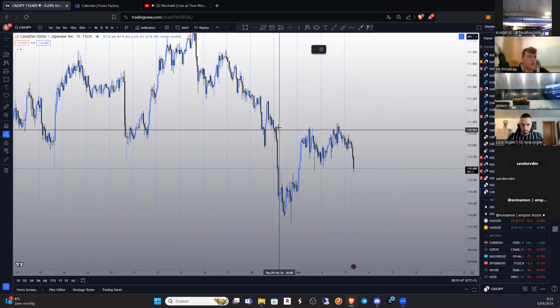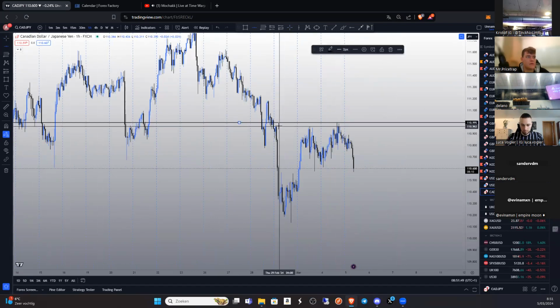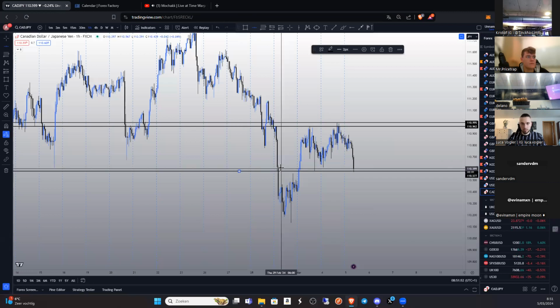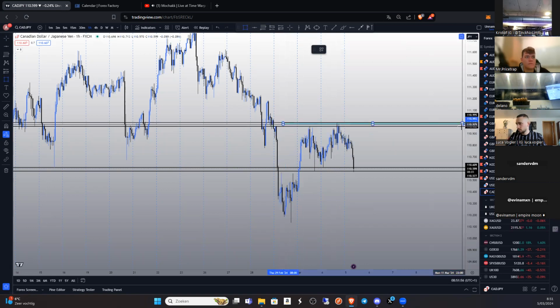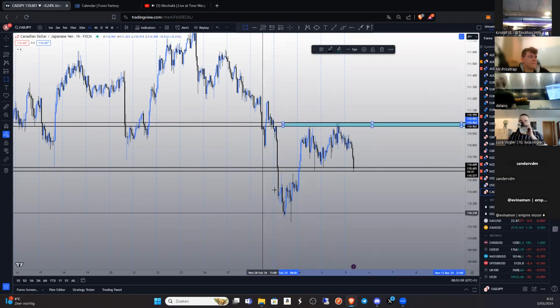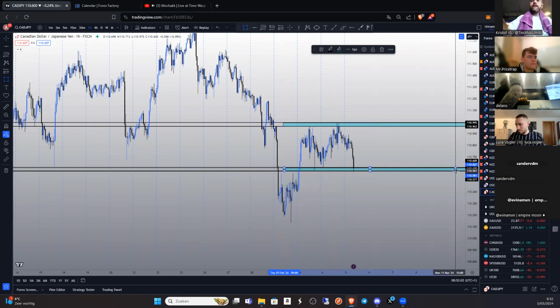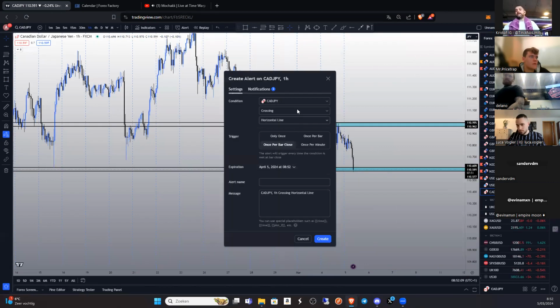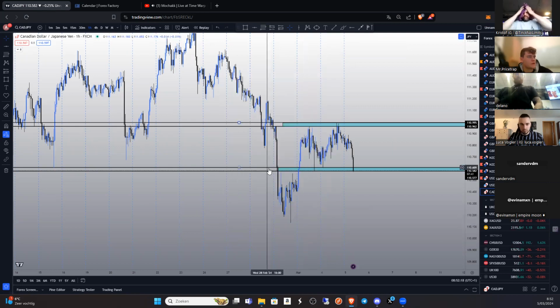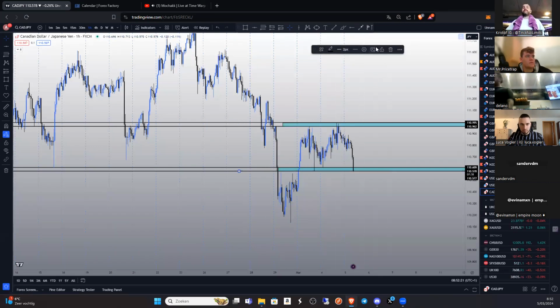Cat JPY also looking pretty clean here. There we go. Break the resistance, then support. There we go.